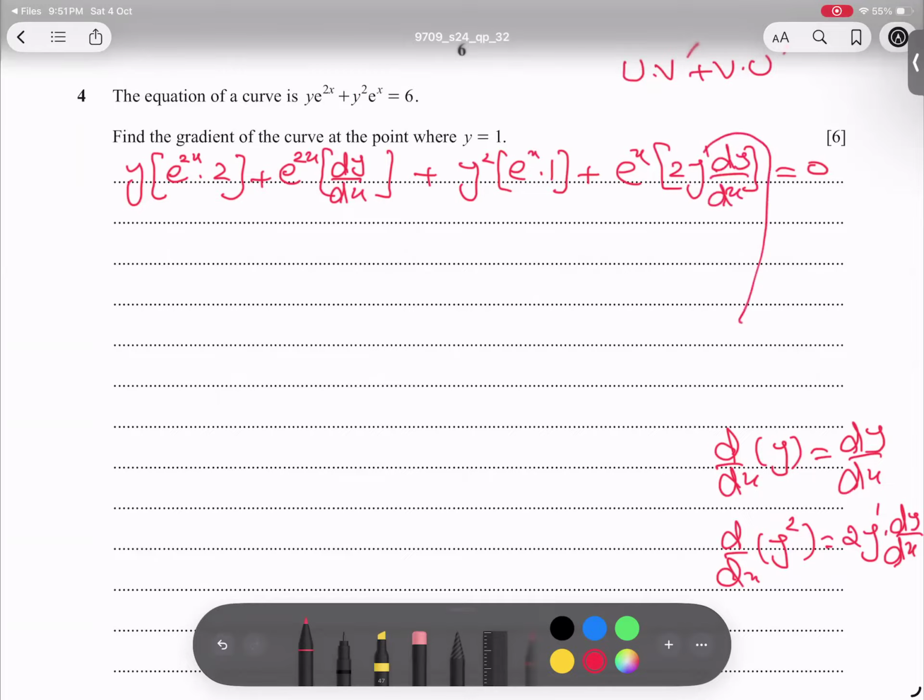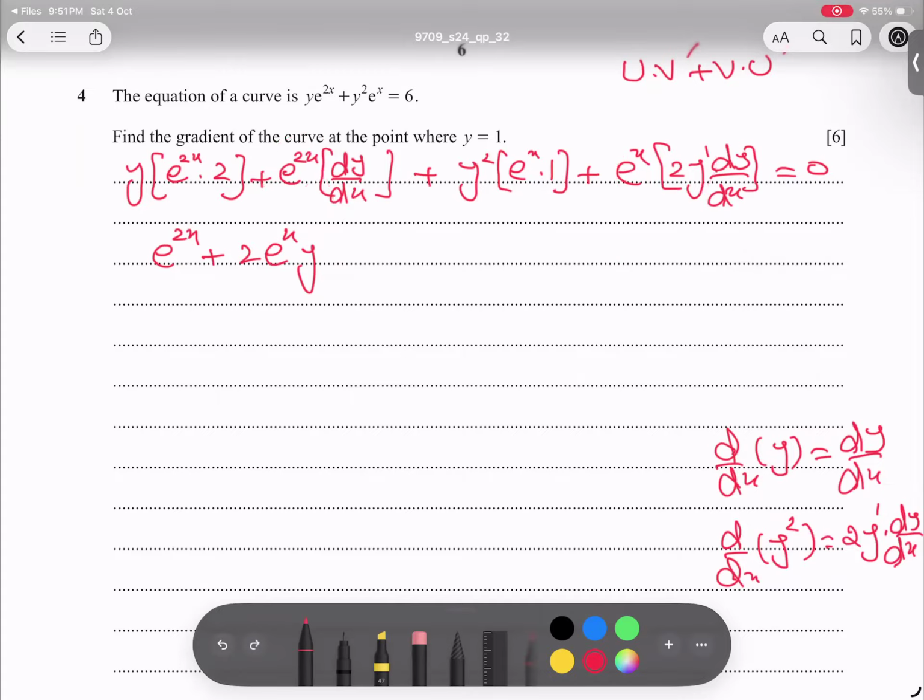Many times as a teacher I observe students miss this dy over dx. Now how many dy over dx do we have? We have 2. So I will take common out, and I got e to power 2x plus 2 e to power x into y. Repeat my words: this thing comes from here and this comes from here.